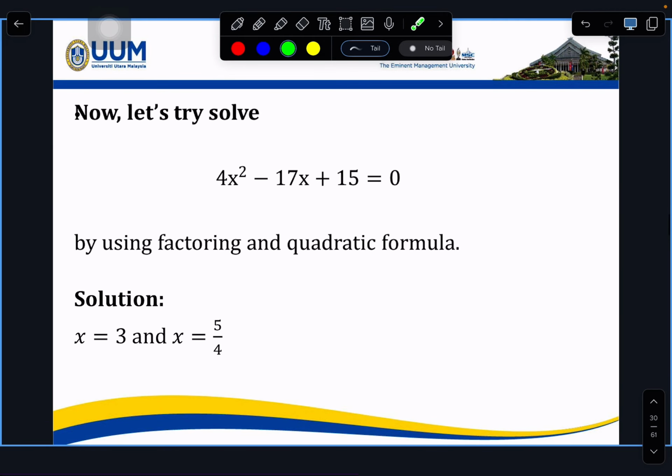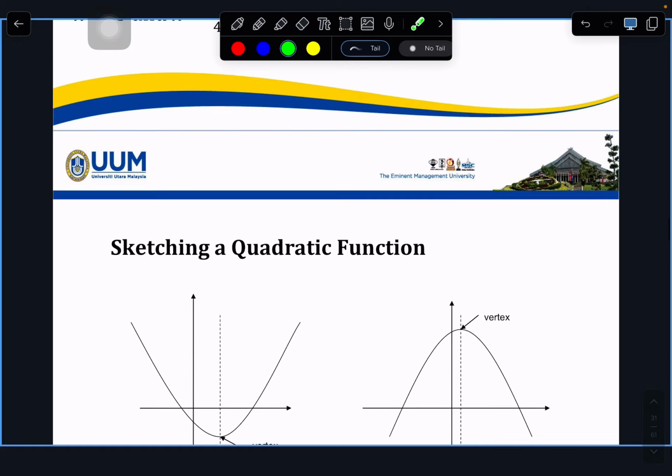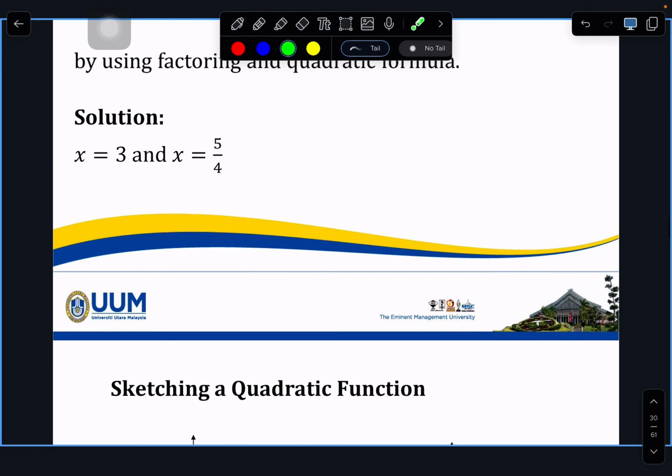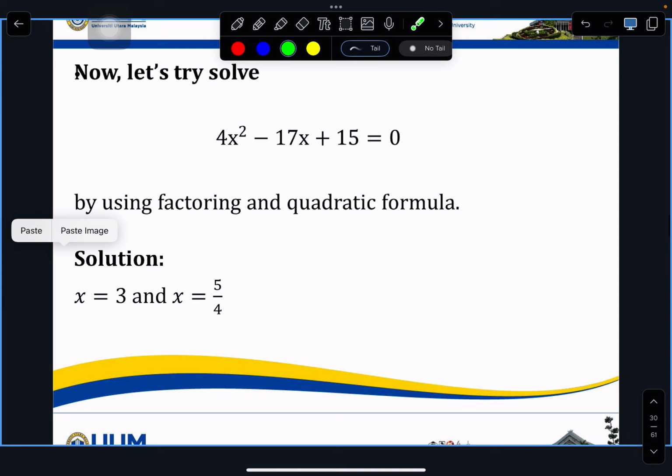Alright, so now try to solve this one. Okay, now for those who don't know how to press EQN, you can ask your friends now how to press EQN. Do you know how to use calculator? Then you just move here.